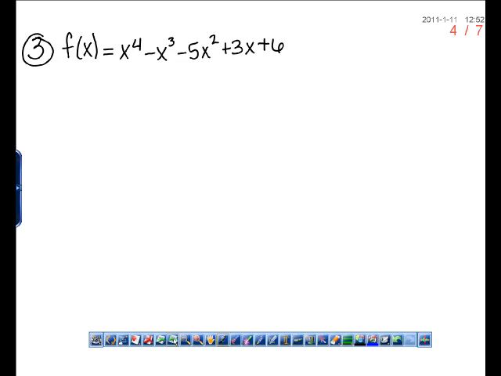I want to find the roots of f of x equals x to the 4th minus x cubed minus 5x squared plus 3x plus 6.